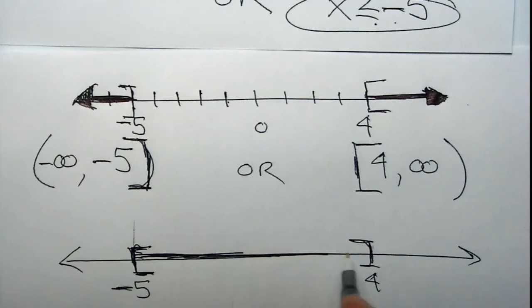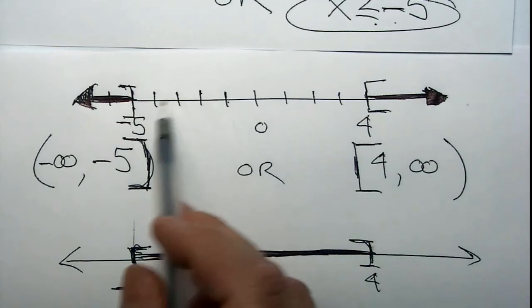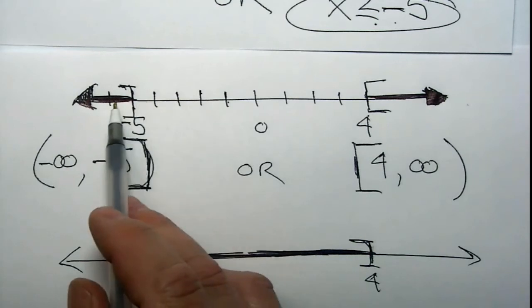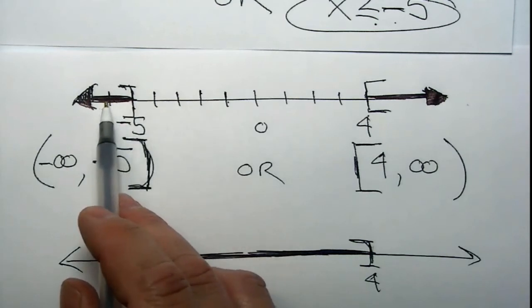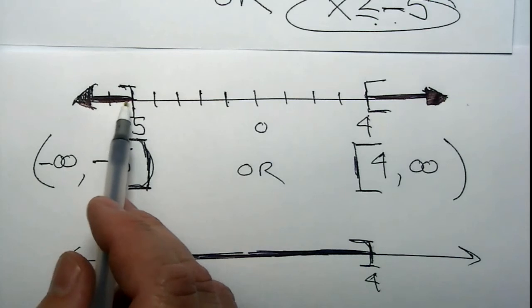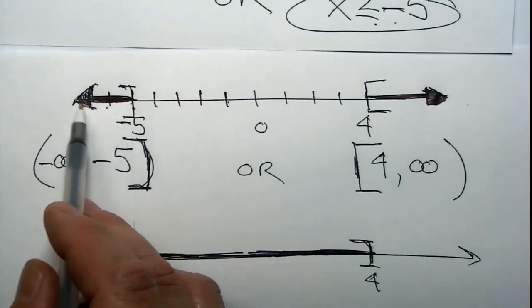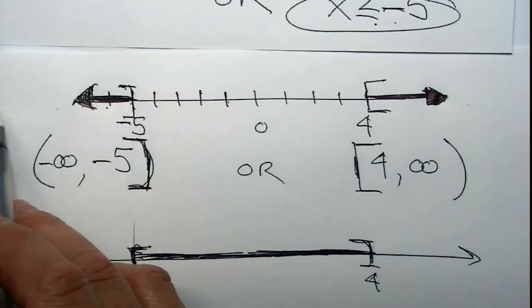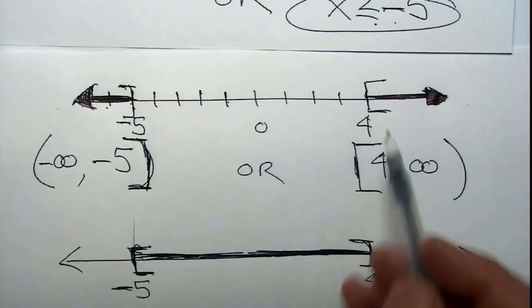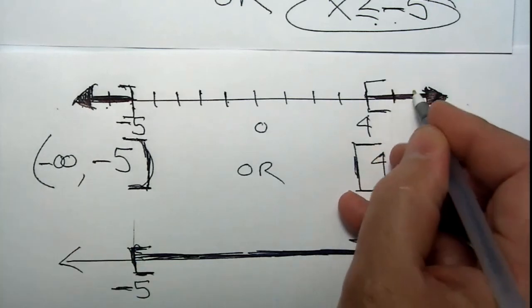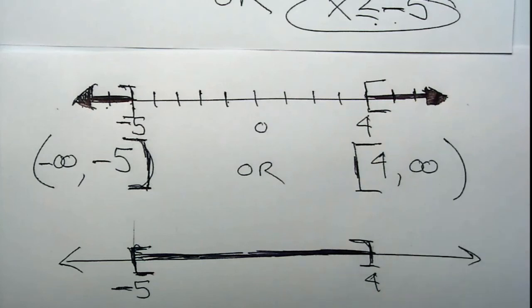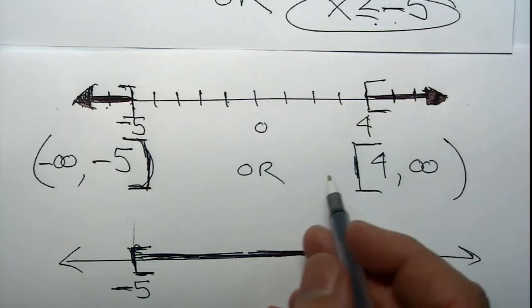So this is a completely opposite answer to the original. How many solutions are in our solution set, how many numbers are involved? Well, a lot. Minus 5, minus 6, minus 7, minus 8, 9, 10, 1,000, 1,000,000, all the way out to minus infinity. And over here, you have 4, 5, 6, 7, 8, 9, 10, 100, 1,000, 1,000,000. So think a lot of answers.